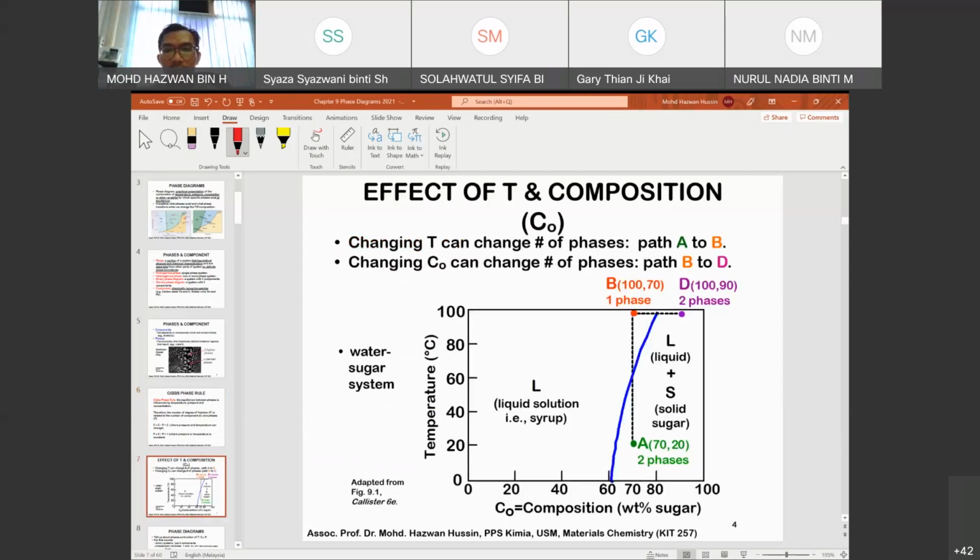So looking at the effect of temperature and composition, we are going to look at a very simple example: how you are going to prepare sugary drinks. You have to understand that by changing the temperature, it will change the number of phases. This is always true.